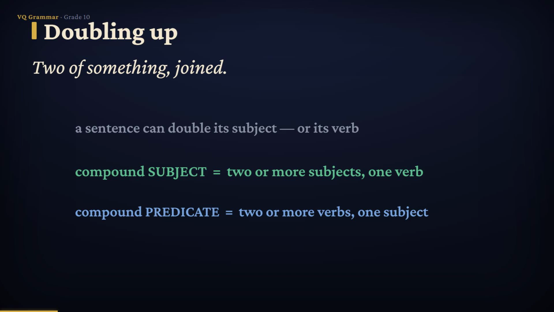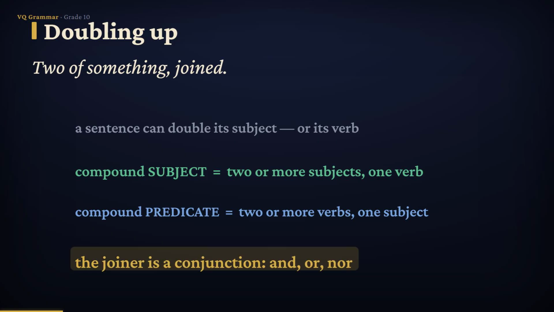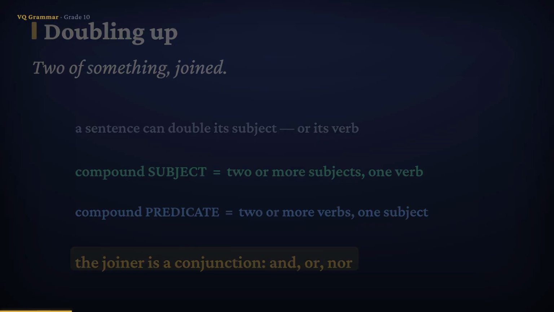And in both cases, the pieces are held together by the same little glue word. The joiner is a conjunction: and, or, nor. Keep that word conjunction in mind because it is the signal that a compound is coming.